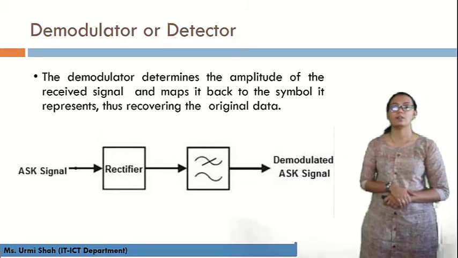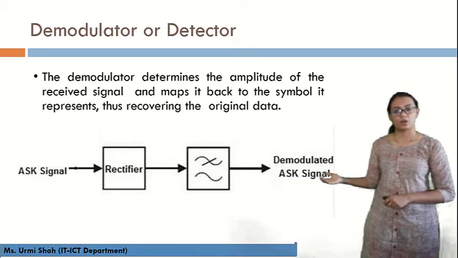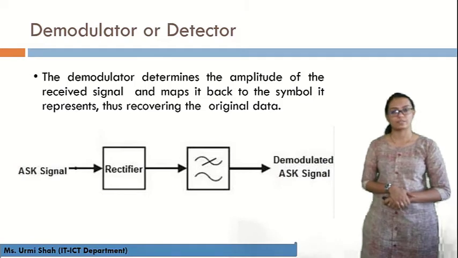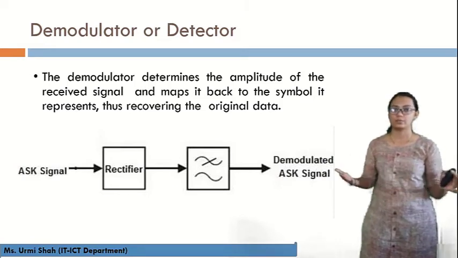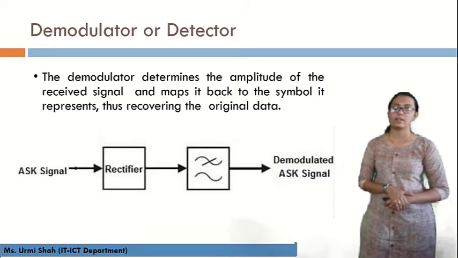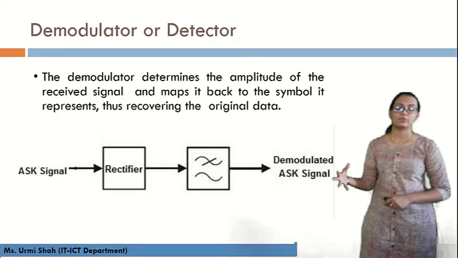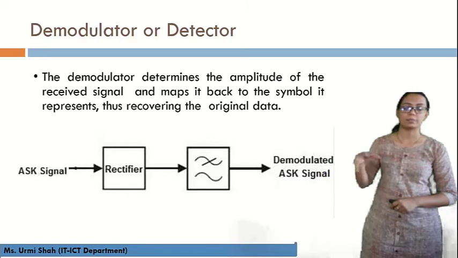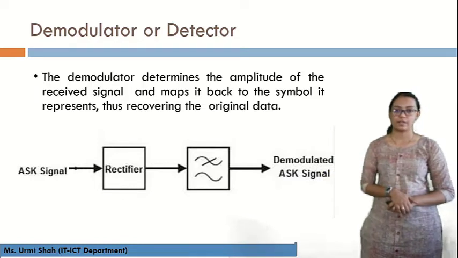So this is how the demodulator or detector circuitry works. This is the basic role of the demodulation circuitry. Firstly, the modulated signal will be given to the rectifier.